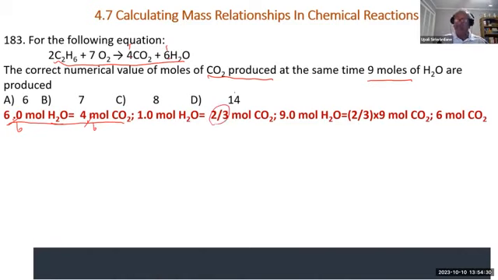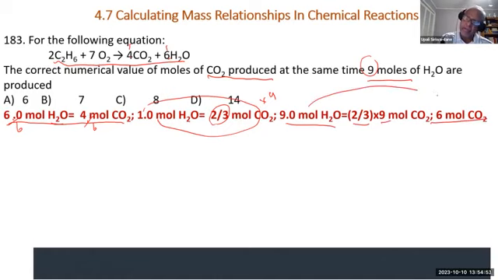Why do I get a fraction? I have to get the 9 moles. Therefore, I multiply both sides by 9. You get 9 moles of water. 2/3 multiplied by 9, you get 6 moles. That's how many moles of carbon dioxide you get from 9 moles.